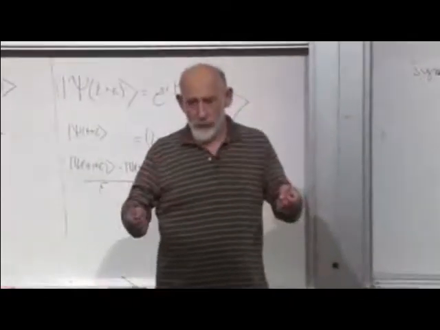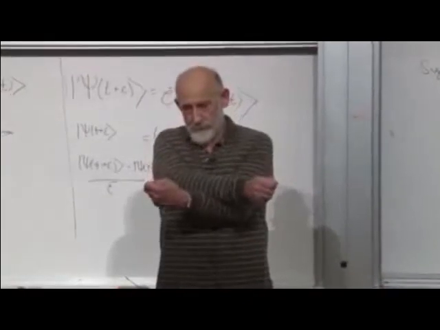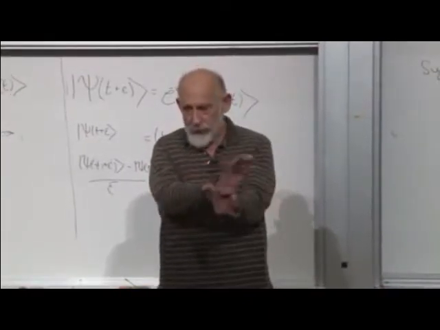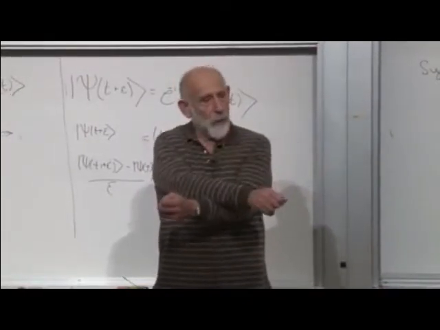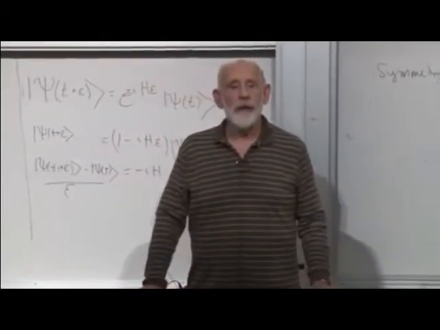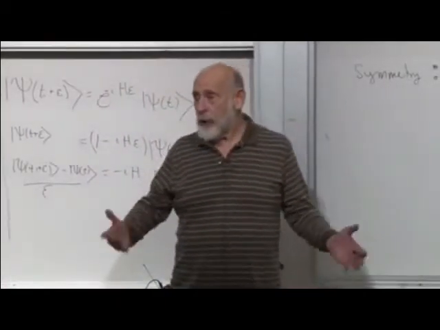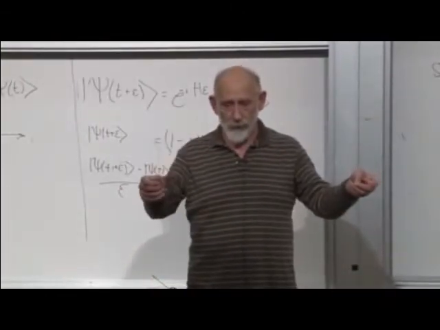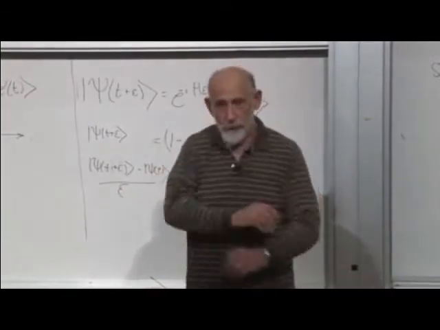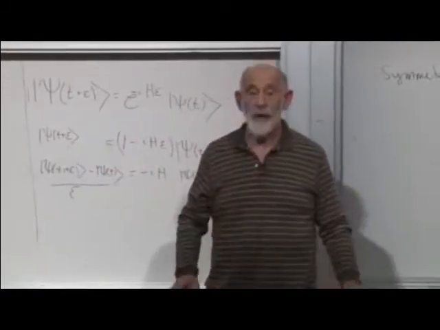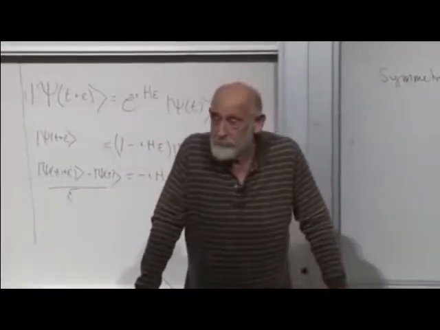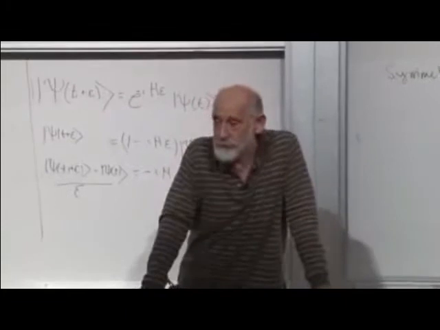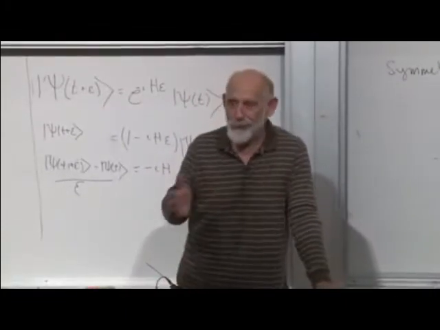Then if I take the two particles and interchange them, whatever the state is, I interchange one particle with the other particle. That's a symmetry. Why? Because the particles are of exactly the same kind. A proton over here and a proton over here is the same as a proton over here and a proton over here. That's just interchange of them. Those are discrete operations. Discrete operations means that there's nothing in between.